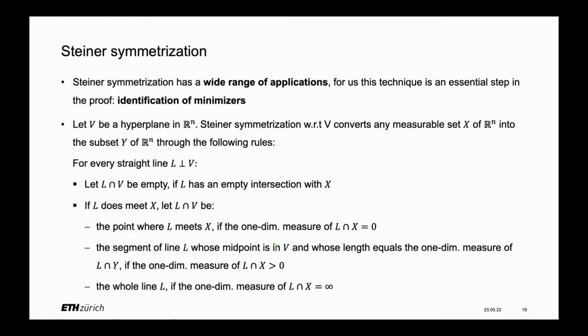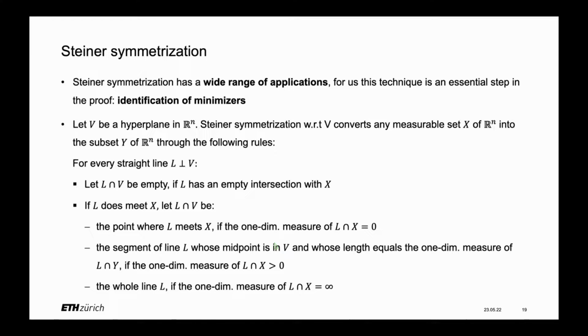For every straight line L which is orthogonal to our V, if L has an empty intersection with X, then L intersected with Y is just empty. And if L does meet X, let L intersected with Y be the following.